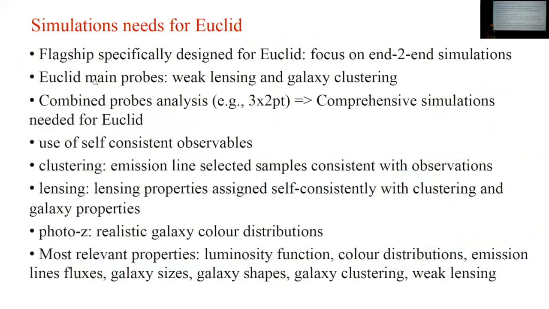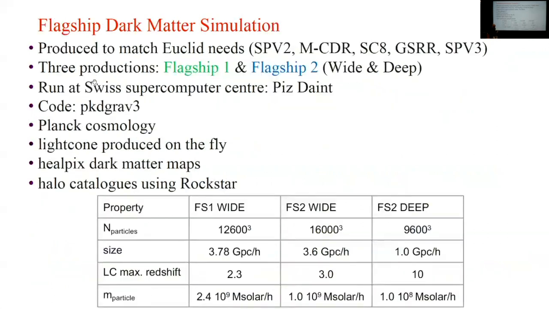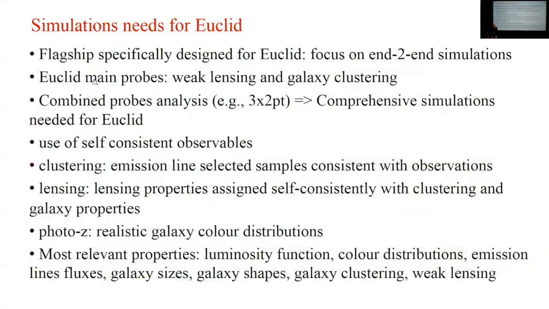The idea is that we focused these simulations to respond to Euclid's needs for big simulations. Euclid is a space mission that is going to cover 15,000 square degrees of the sky, and it's going to use lensing and clustering for studying cosmology.